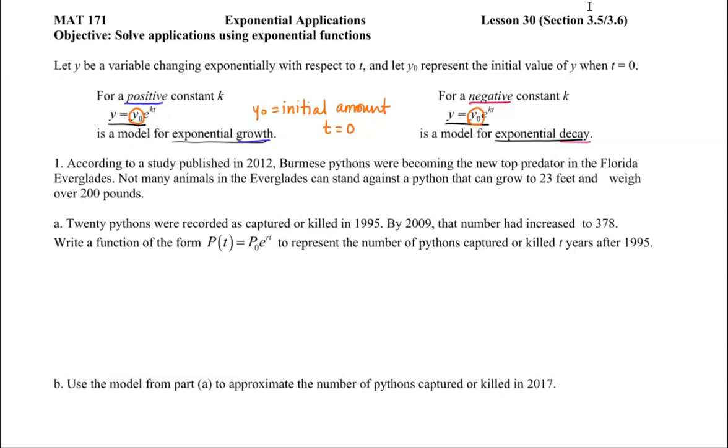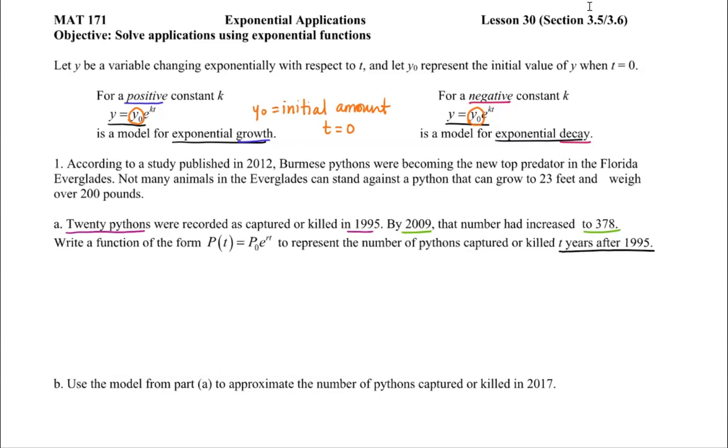Starting with example 1a, we are initially told that 20 pythons were recorded as captured or killed in 1995, and then by 2009, the number had increased to 378. Our job is to write a function that represents the number of pythons captured or killed t years after 1995.